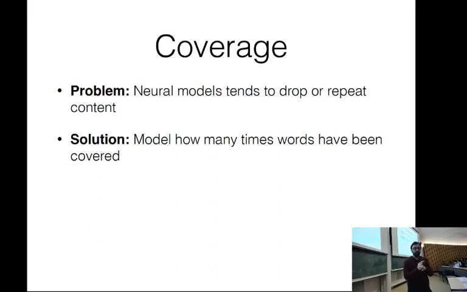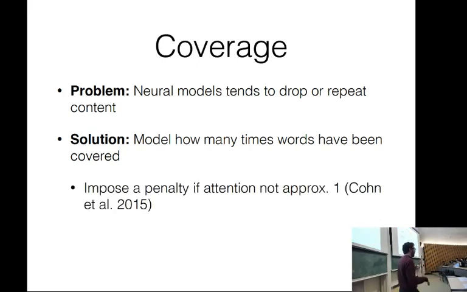Okay, so what's the solution here incorporated with the attention mechanism? We want to model exactly how many times the source words have been covered in order to make our model attend over all of the source words, and ideally, attend over the source words once. There are many ways that you can do that.